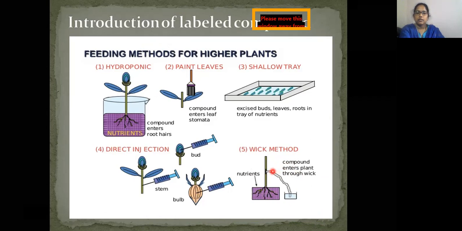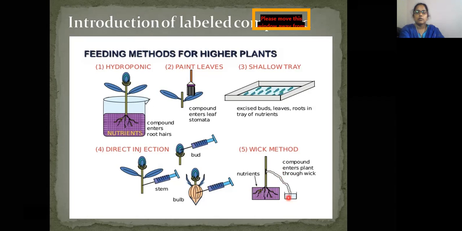You take the solution containing radio labeled compound in a vessel and place it near the plant. Then take the cotton wick and place one end of it in the solution and the other end attached to the plant. So this is called the wick method.